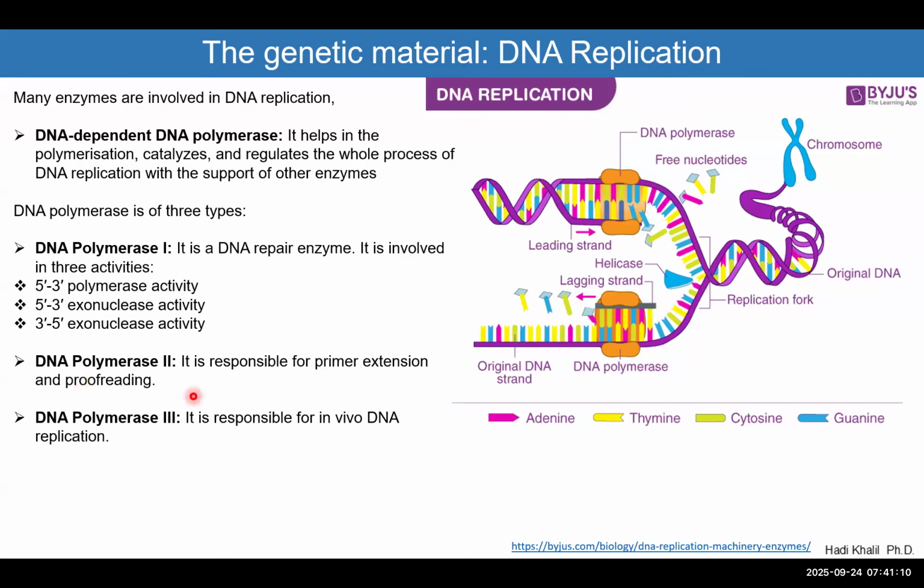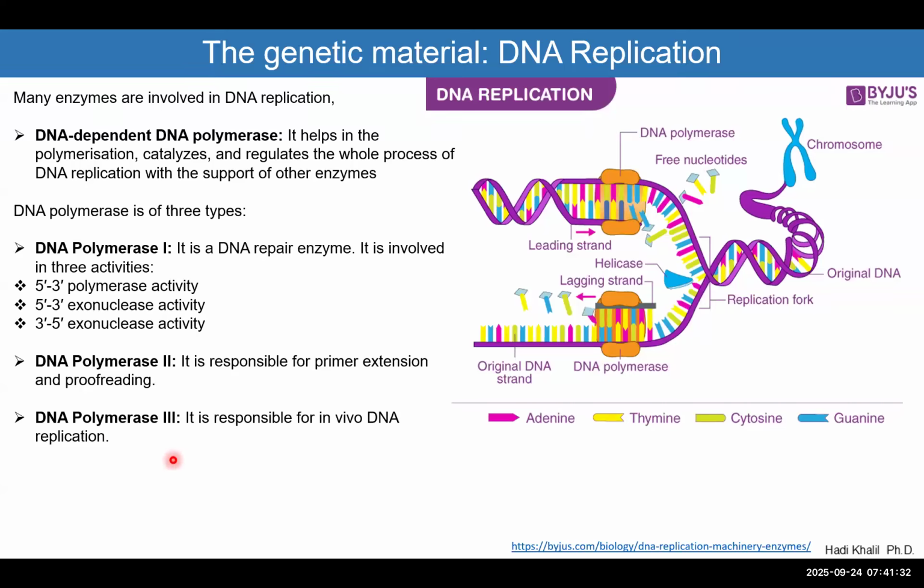Now, DNA polymerase 2 is responsible for the primer extension and proofreading. As we said, this enzyme is going to check if polymerase 1 did the right job. So it's going to keep a check that everything has taken place correctly.